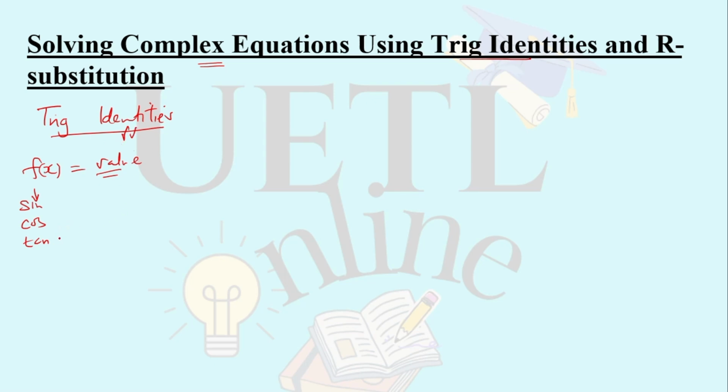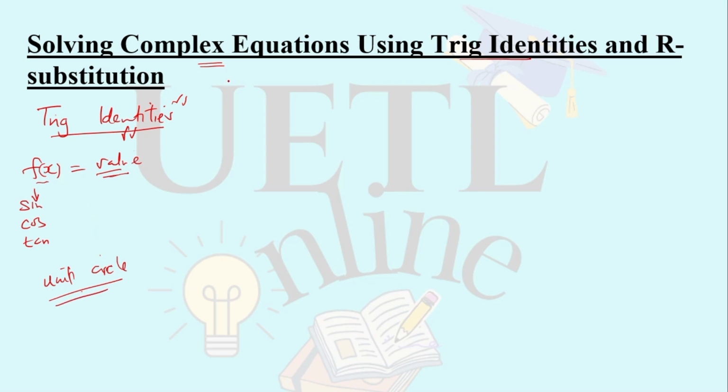Make sure you watch the video where we proved the identities, so you can grasp the concept. Just express it as f of x equals a certain value, and after expressing that, you're going to use the unit circle to solve it.